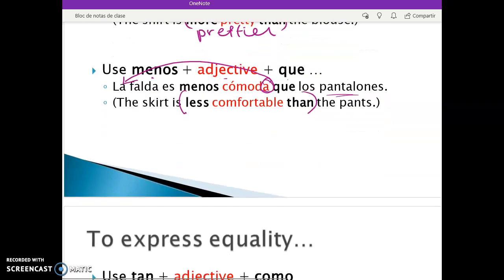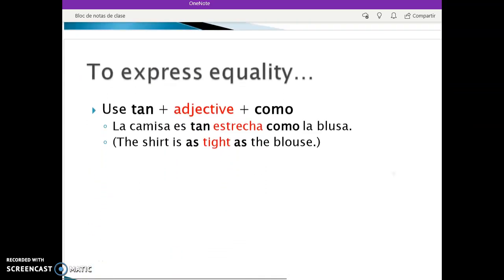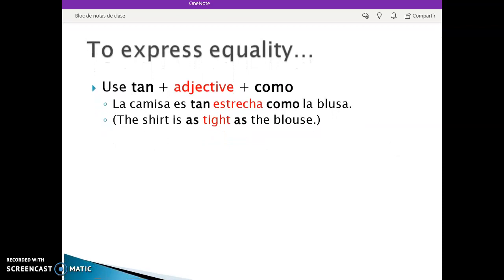And continuing, when you want to say that things are the same, you're going to use tan plus the adjective plus como. And tan and como are both going to mean as, even though they're completely different words. When you combine them in this kind of format, you get the as something as. So la camisa es tan estrecha como la blusa. The shirt is as tight as the blouse.